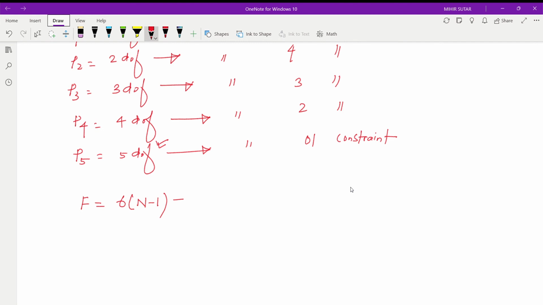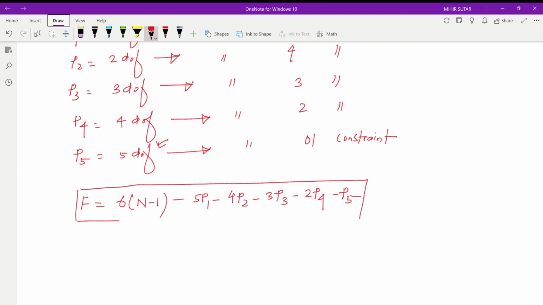If P1 is imposing 5 restraints, then minus 5P1. Similarly minus 4P2, minus 3P3, minus 2P4, minus P5. So this is a generalized form of equation to find out the number of degrees of freedom in a mechanism. Let's say this is equation 1.